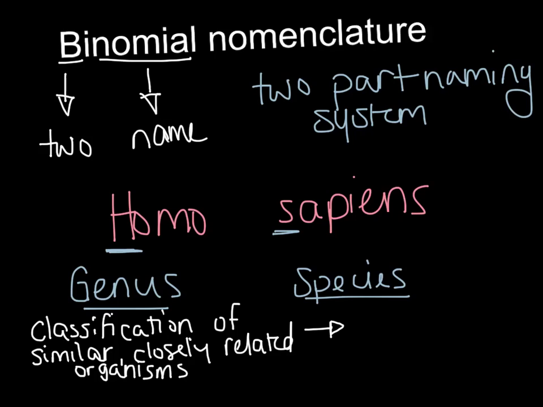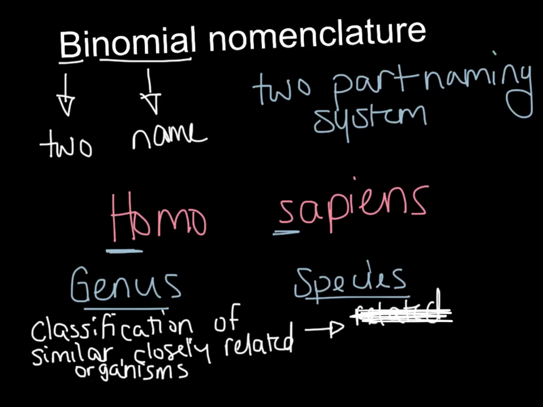So under species, what you really want to add in there is, actually, I'm not going to use the word related, because that's a really bad word when we talk about this. Hold on a second. I was trying to erase it, and it wouldn't erase.